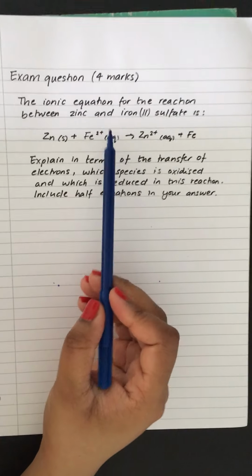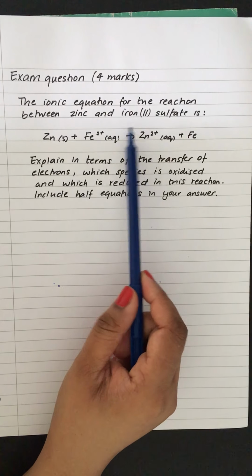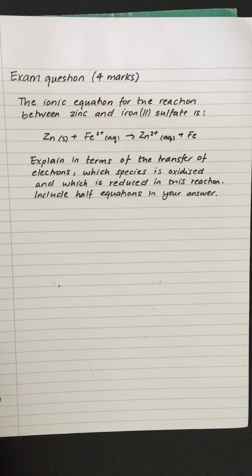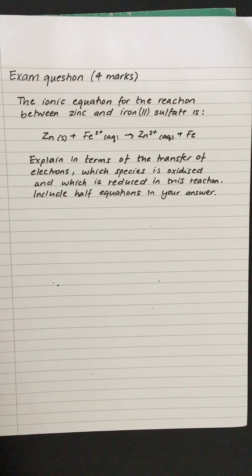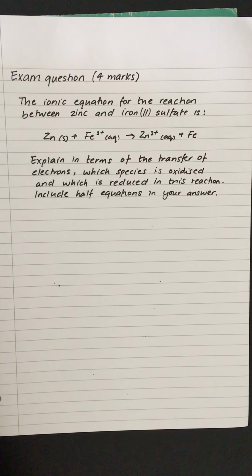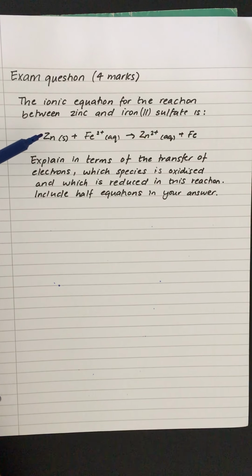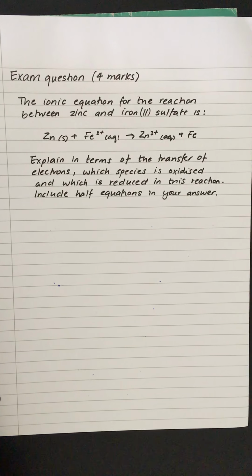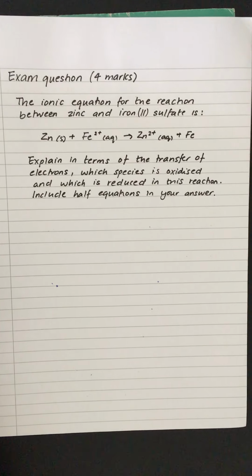They've actually told us that the reaction was initially between zinc and iron sulfate, but they've not included sulfate because it's not needed when we're writing out the half equations, because its charge doesn't change. And it asks us to explain in terms of transfer of electrons which species, so which of the reactants is oxidized and which is reduced, and include half equations in your answer, and that's 4 marks.